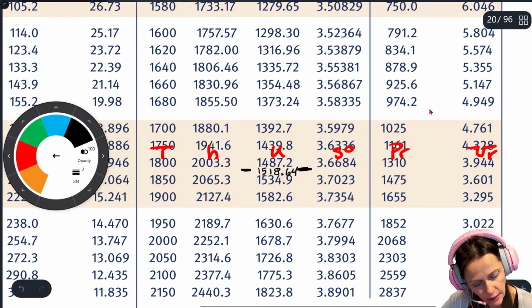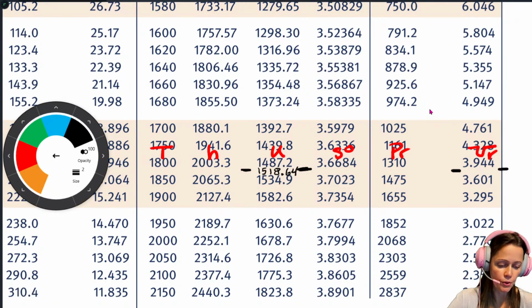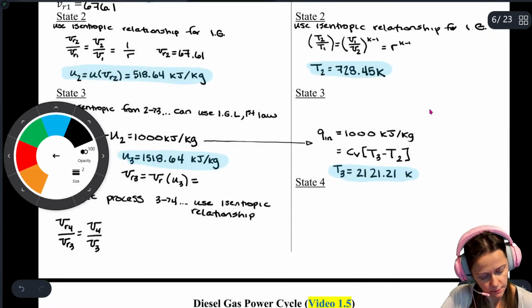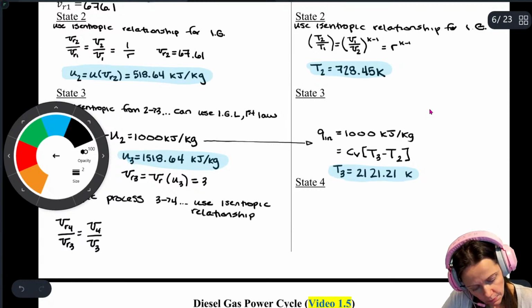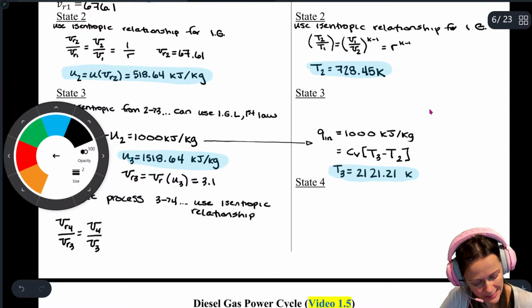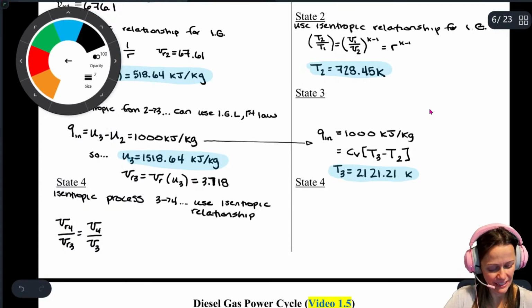So the corresponding VR value is going to be between 3.944 and 3.601, and I get a value of 3.718. And that's unitless. Okay, perfect.